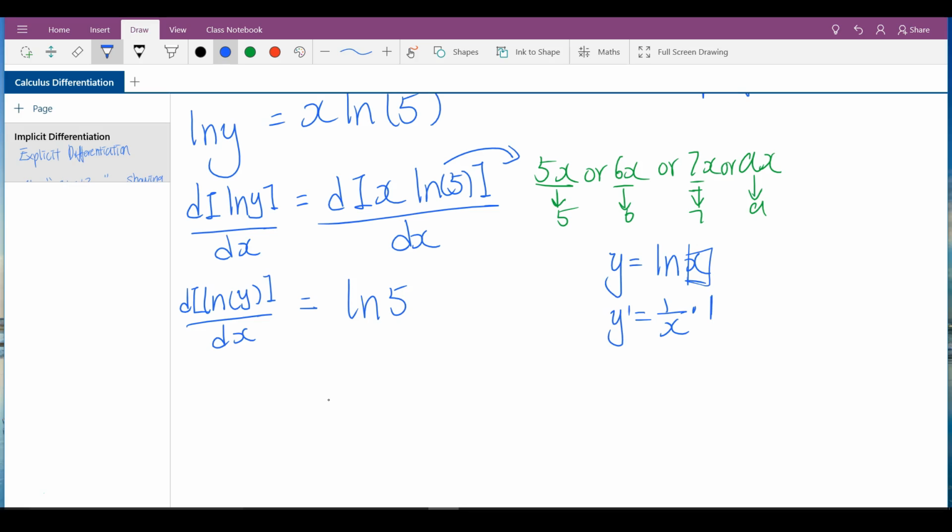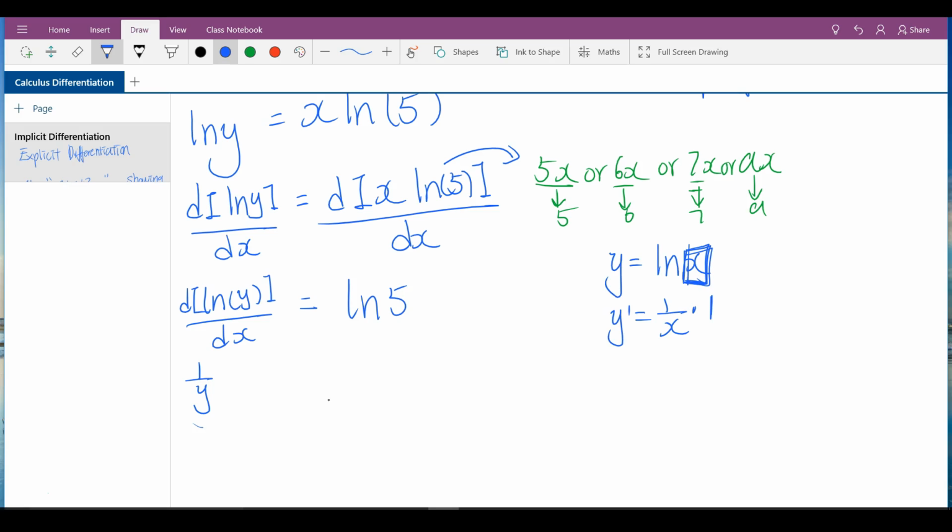Alright, so same thing, right? So we know that y is a function of x. So if you're differentiating ln y, you are just literally doing 1 over y. Yeah, just like what we did here. You just differentiate this. It's 1 over whatever is inside the bracket. In this case, what's inside of the ln bracket is y. So it's just 1 over y.